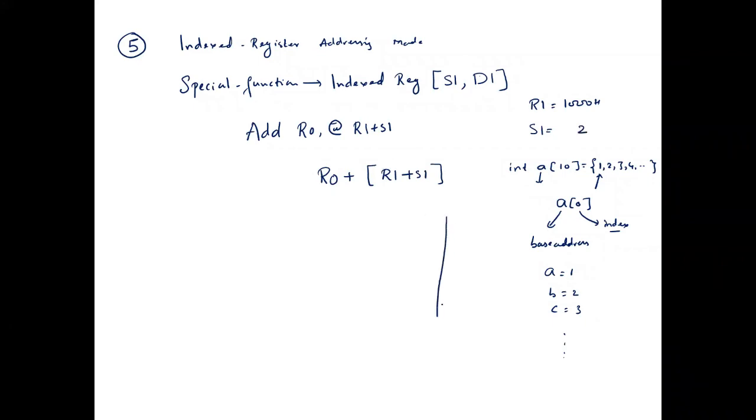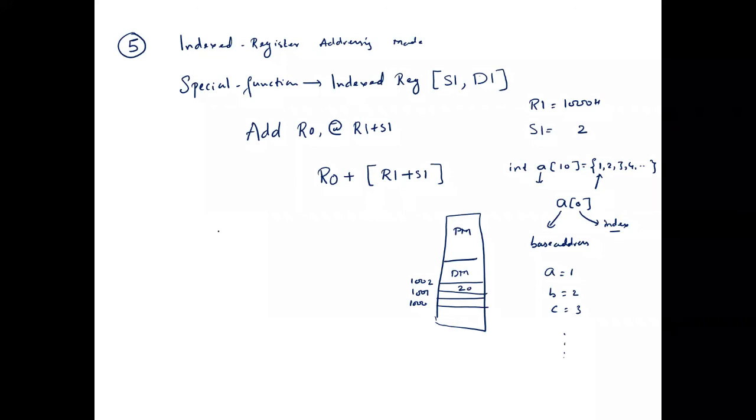Now here we have a program memory, and here we have a data memory. In the data memory we have various addresses: 1000, 1001, and 1002, like this. The content is unknown. And here we have a processor.